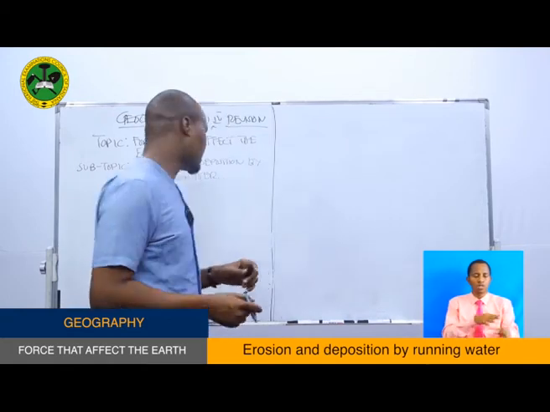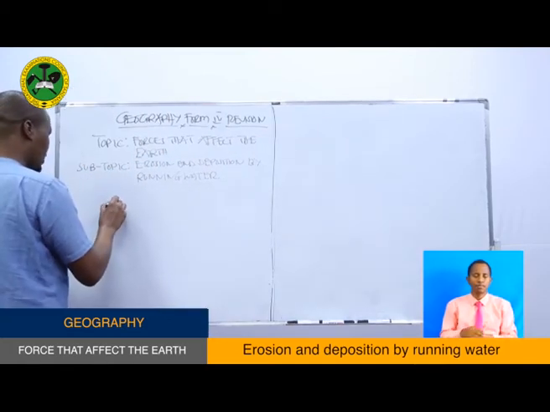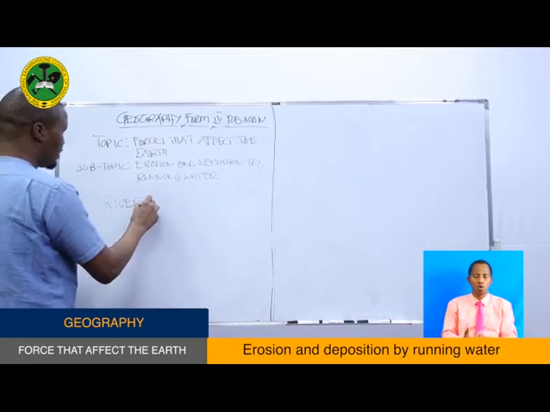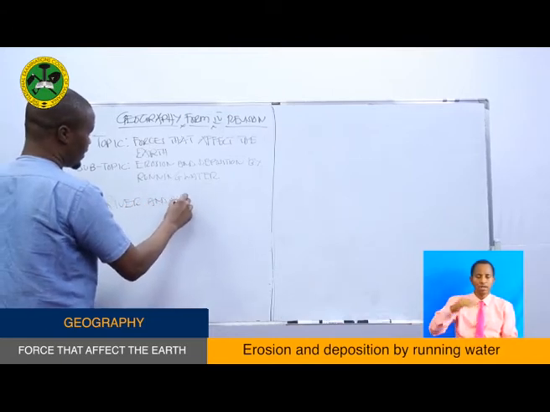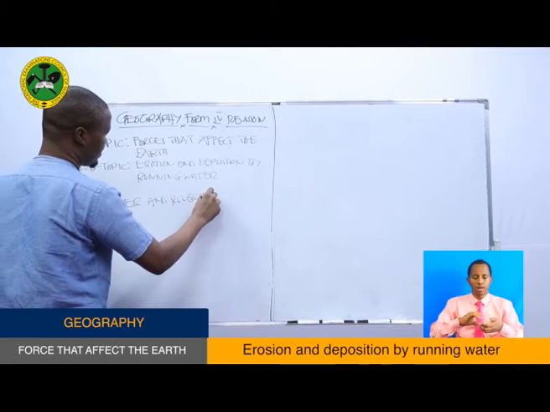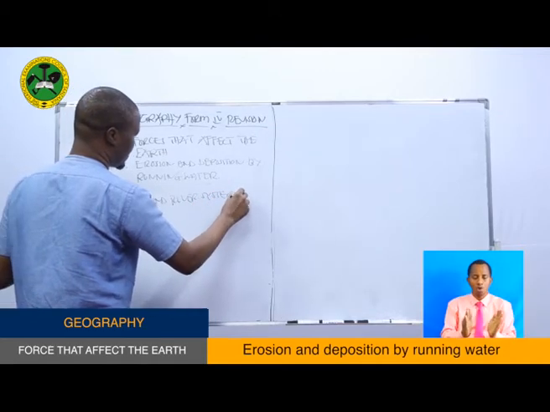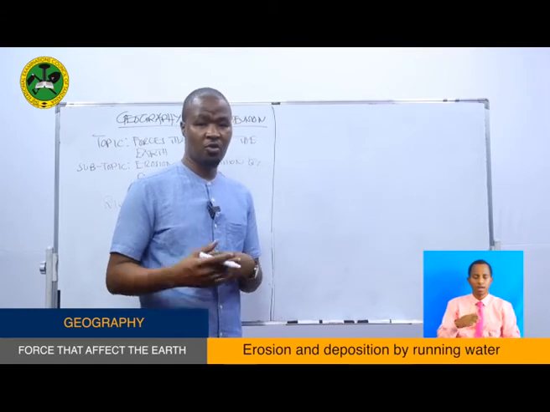Are we together? So the point is we are going to focus much on river and the river system. Remember, we will use the model question as our guiding question in our instruction today from the start to the end of the lesson. So you are most welcome.